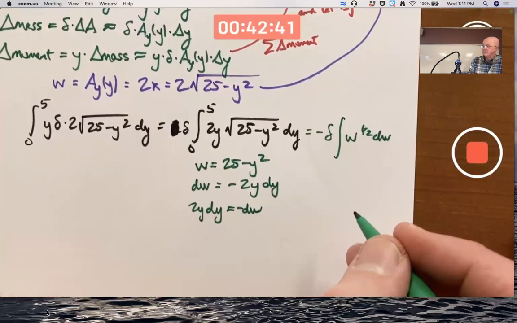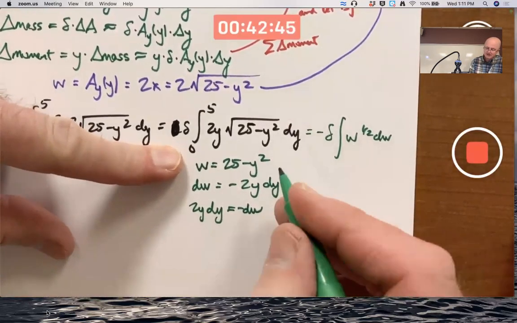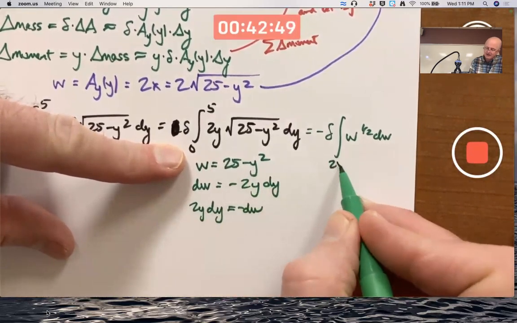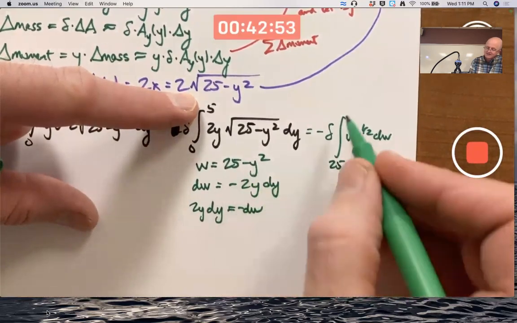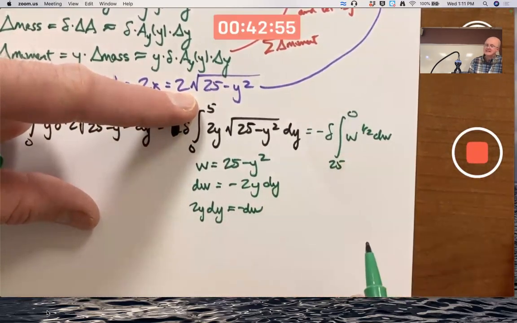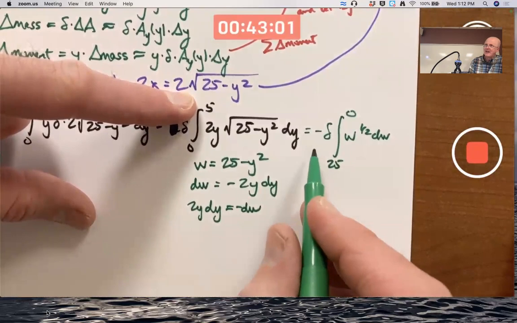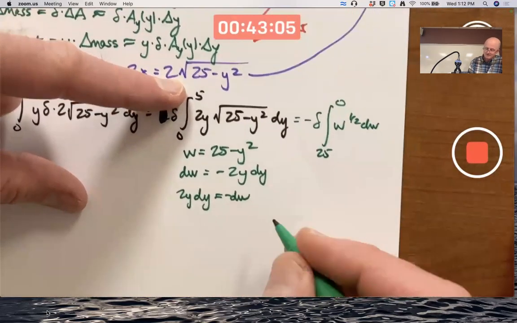I do need to change the limits of integration. Something a little funny happens here. When y is 0, w is 25 minus 0 squared, which is 25. And when y is 5, w is 25 minus 5 squared, which is 0. That's not a mistake. I can get rid of the negative sign if I just switch those around.